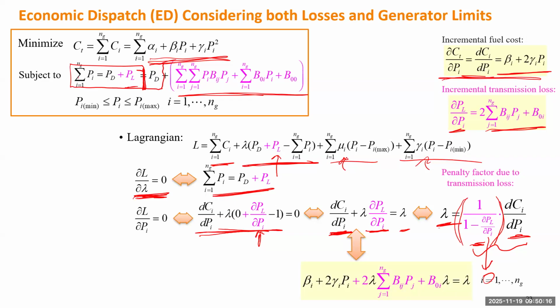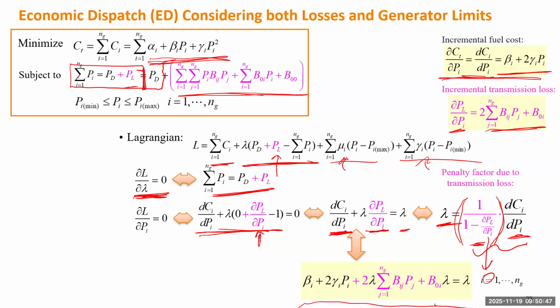Okay, so finally, we need to solve this equation. If you get rid of any colored items, it goes back to the original simple equation, right? Go back to our very beginning slides. We only need to solve this linear equation, which can be analytically solved. You just take step 1, step 2, and you get the answer. But now, by considering transmission loss, you add those pink items.